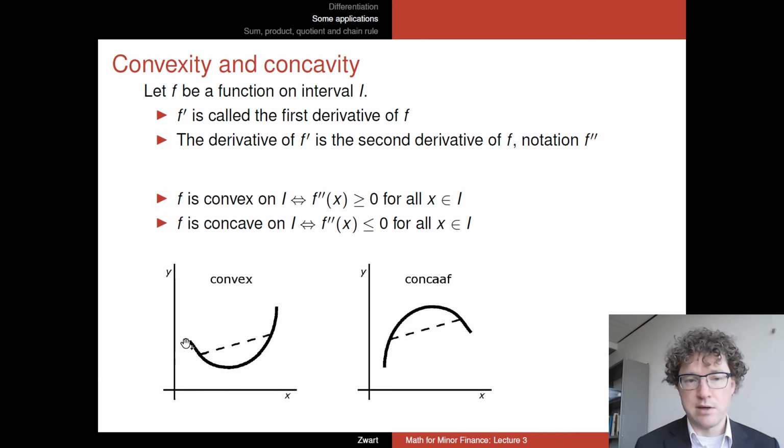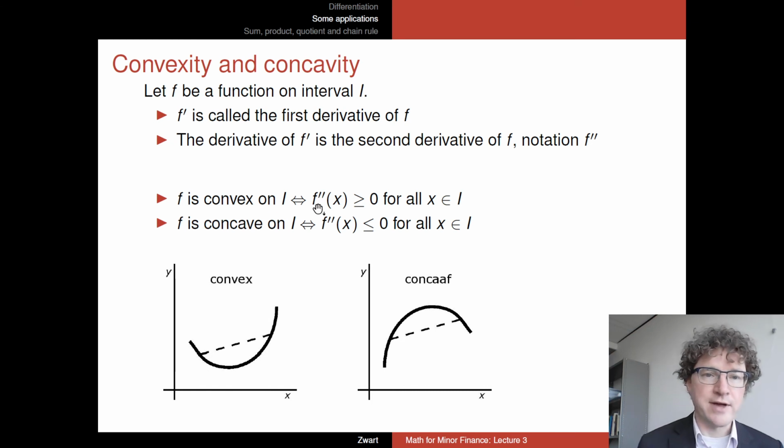So if you look at the slope, the derivative of this function itself, you see here it's negative, keeps growing until it's 0 over here, where it's flat, and then it keeps growing further and gets bigger and bigger. So it keeps growing faster. So that's what we call convex, and that's identified essentially with the second derivative being bigger than 0 for all x in this interval.